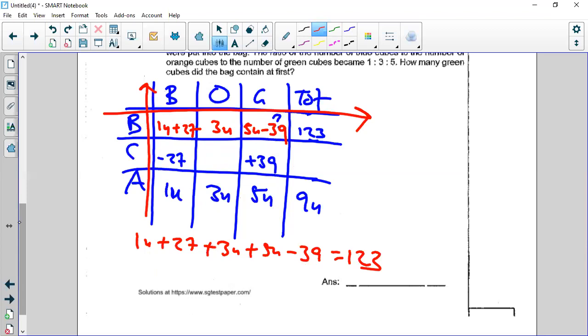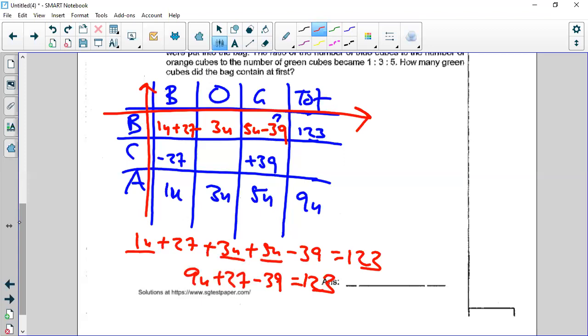Then what do you do next? 1 unit plus 3 units plus 5 units becomes how many? 9 units plus 27 minus 39 equals 123. And this is where you are confused already. How to continue from here? What is 27 minus 39? We never learned small number minus big number.